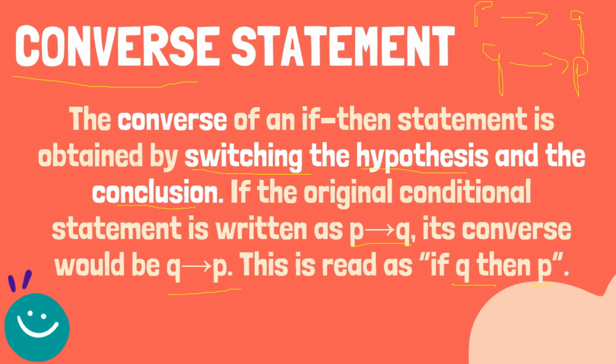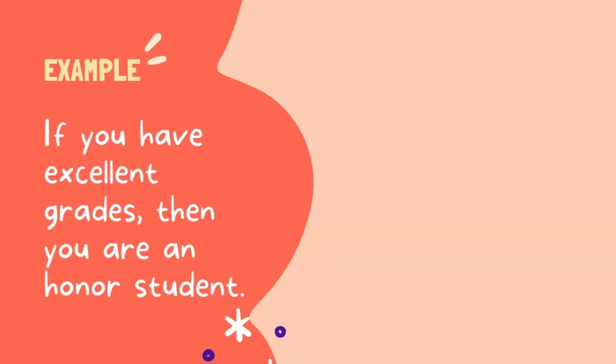To understand better, let's have an example. If you have excellent grades, then you are an honor student. First, we have to identify in this conditional statement which is P and which is Q. Since this is the original conditional statement, we know that the if part contains the hypothesis.